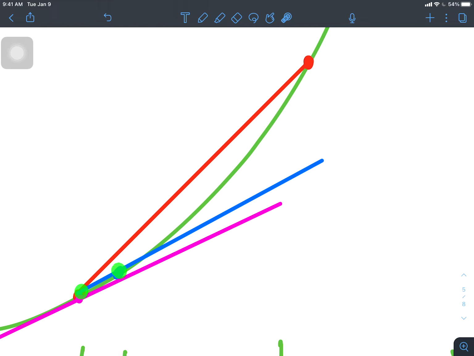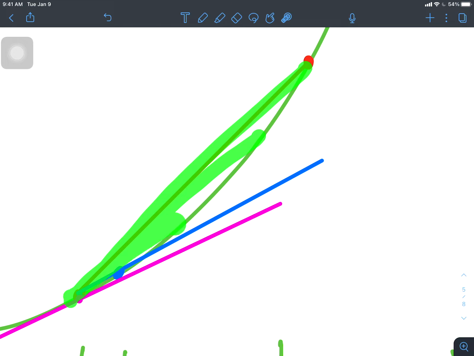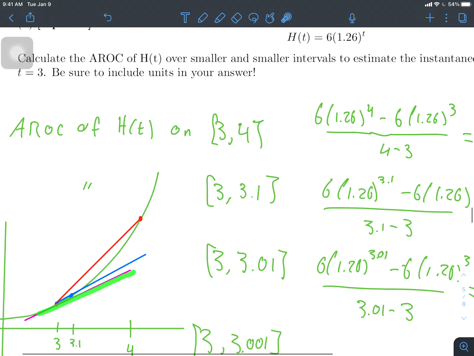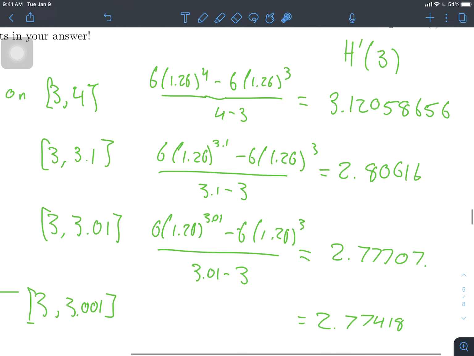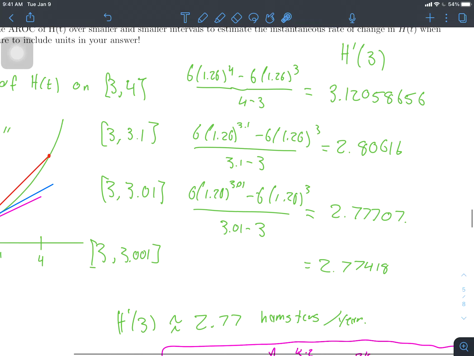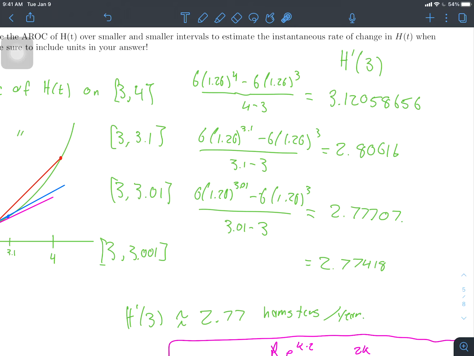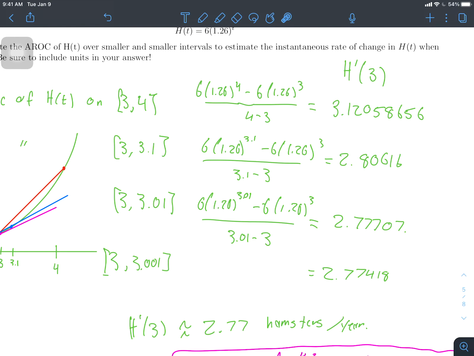And then I just keep moving this point down until it's almost on top of the point where I want it. The slopes of these lines get closer and closer to the actual slope of this tangent line, which is what I want to know. So I did this process and my numbers were getting steadily closer to something like 2.77. So I'm going to guess that the actual slope of the pink line is 2.77.